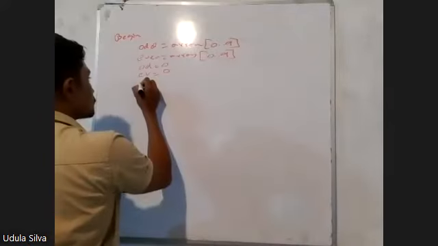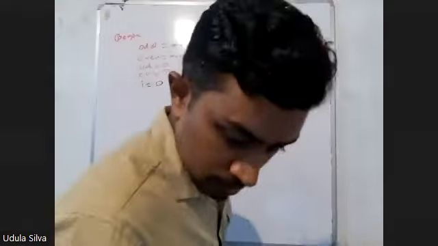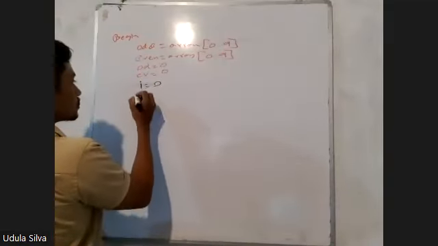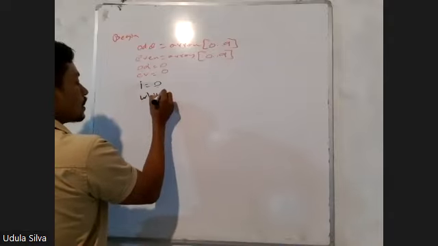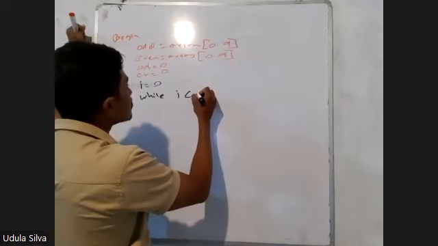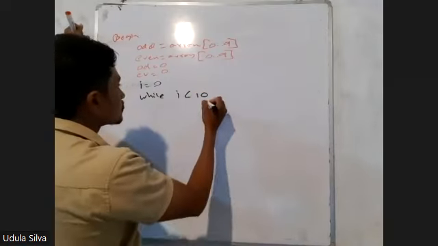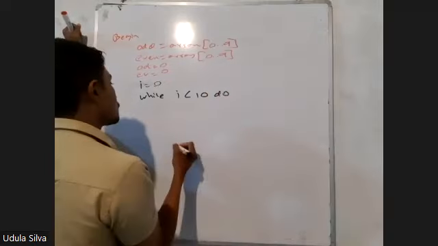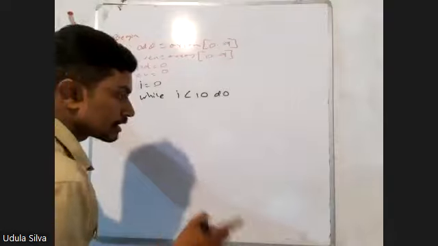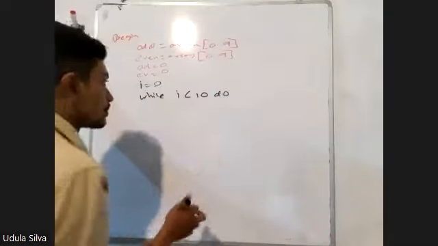I equals I. While I less than 10, do. I goes from 0 to 9, so 10 is not included. Right, so do not put equal.